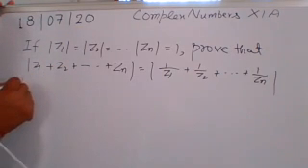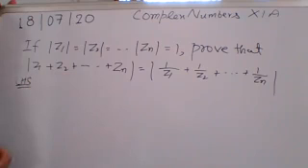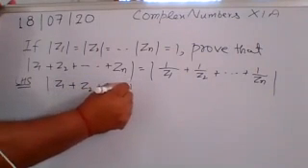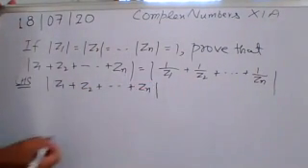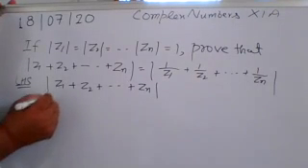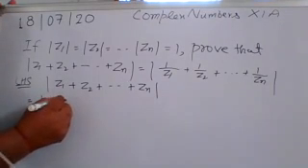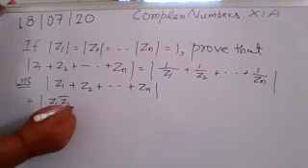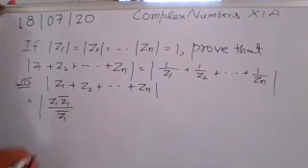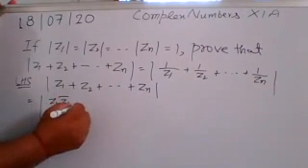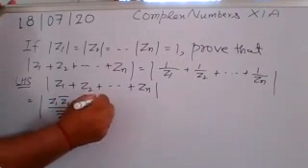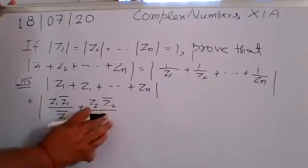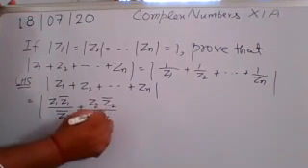Take the left side, which is Z1 plus Z2, and up to plus Zn. Now for Z1, you multiply by the conjugate of Z1, so you have to divide by the conjugate of Z1 also.